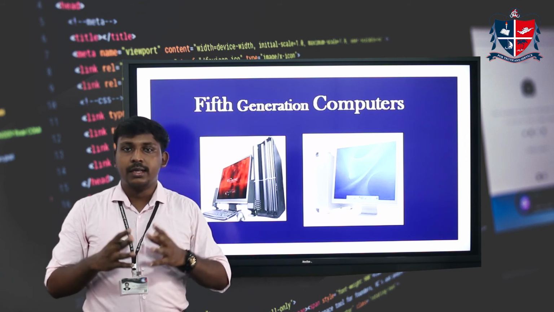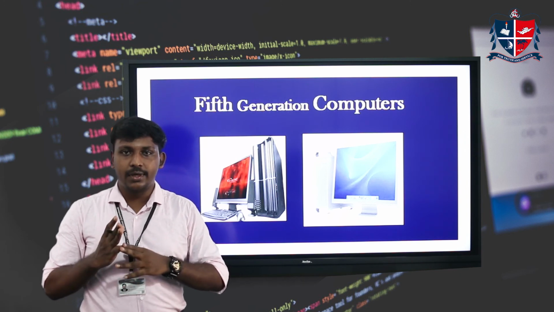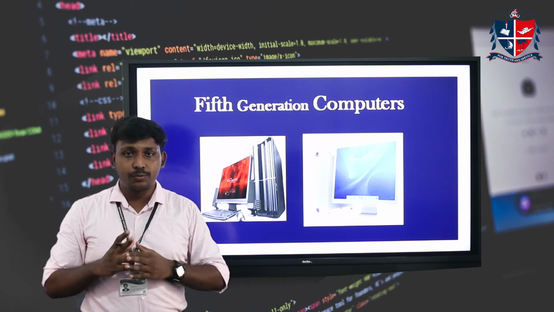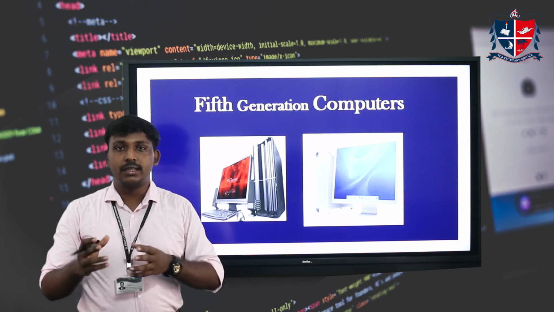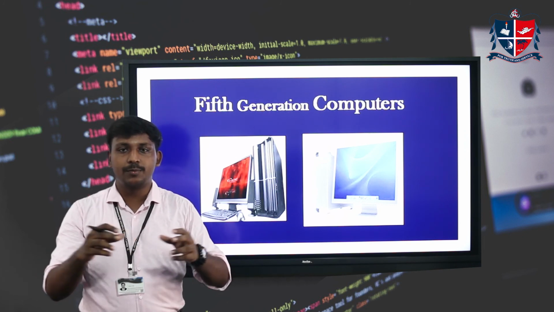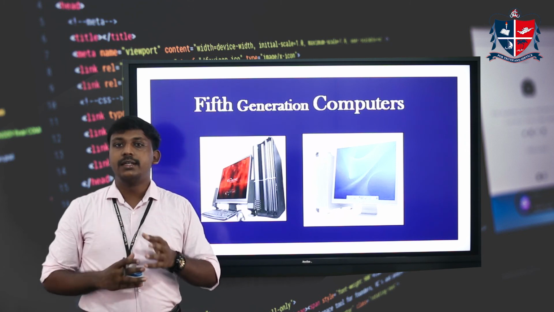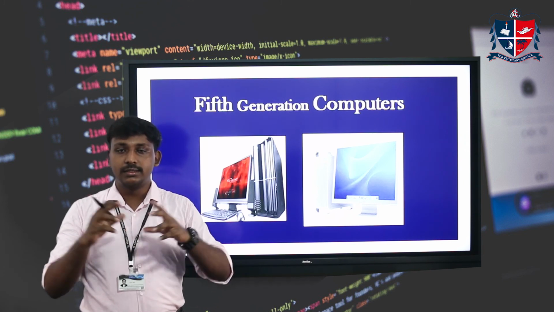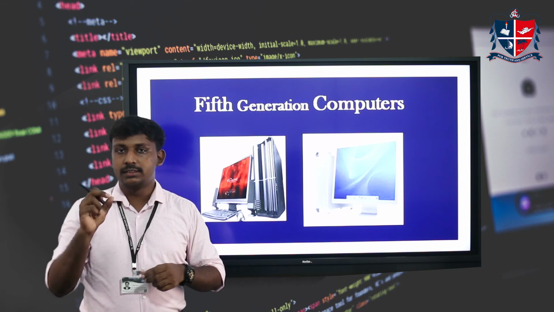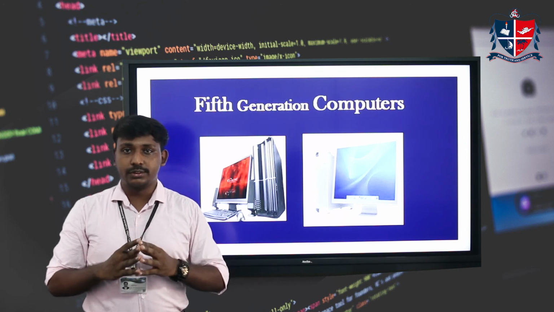So first of all, we had first generation computers with vacuum tubes. Then we had second generation computers with transistors. After that, all these transistors were integrated into a smaller chip known as ICs, integrated circuits. After that, we integrated all these IC circuits into a smaller silicon semiconductor chip known as the microprocessor.